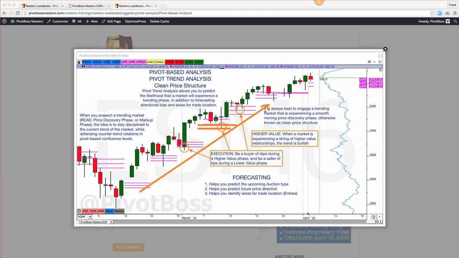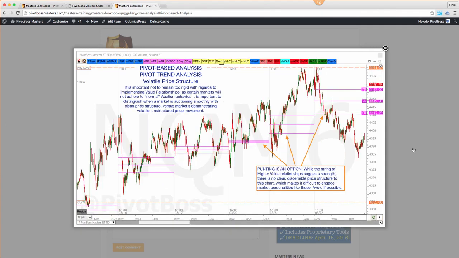So this is a powerful form of analysis because it keeps you not only disciplined to the trend, but it also helps you predict future price direction and behavior, and it helps you identify potential trade locations in the chart. So this is pivot-based analysis with regards to pivot trend analysis and volatile price structure.